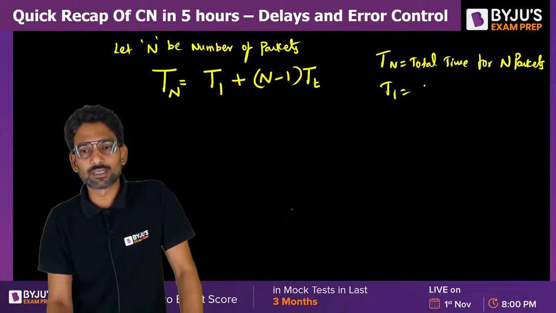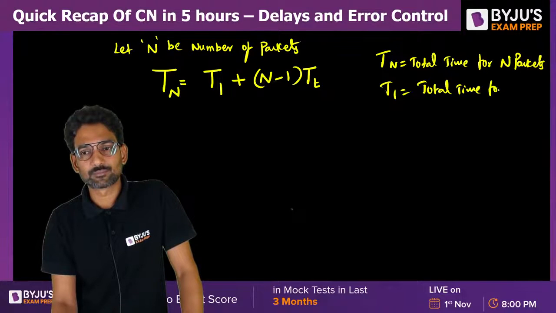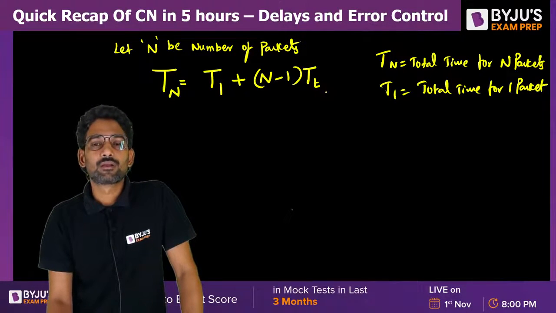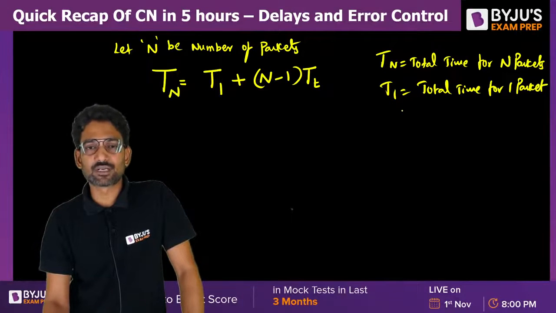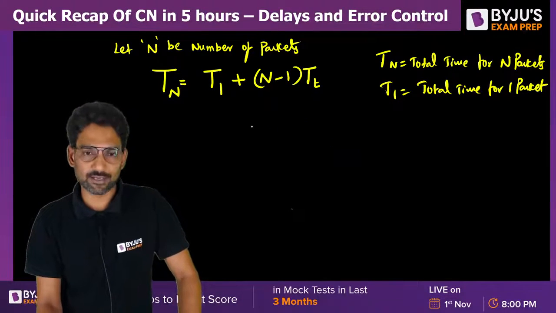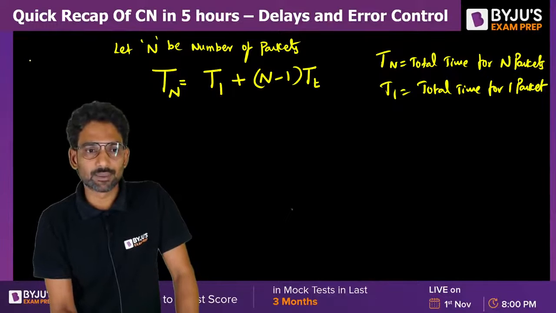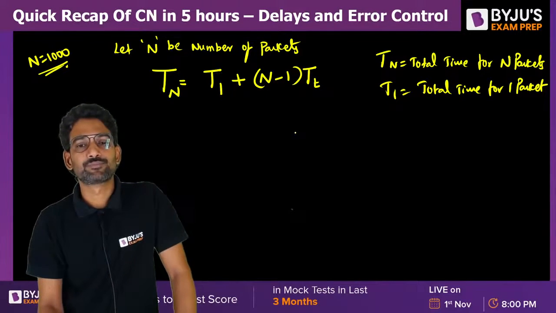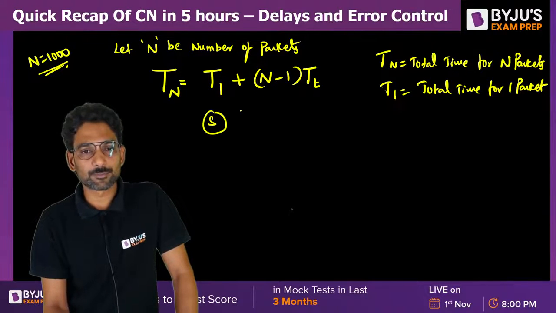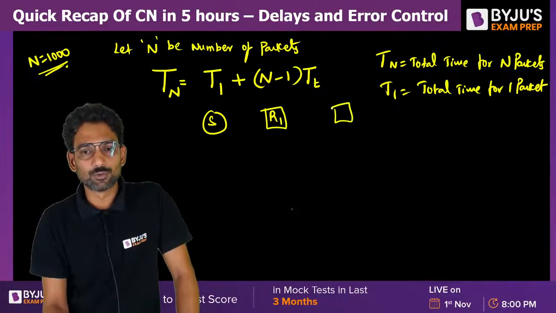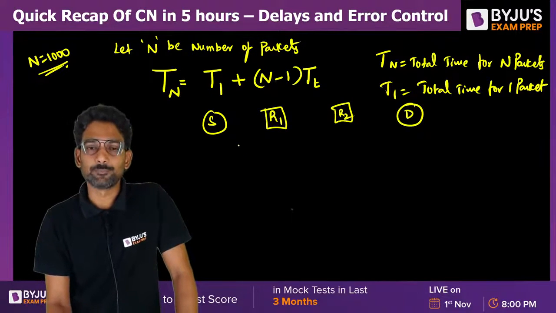T1 is the total time for one packet, and Tt is the transmission time of n-1 packets. Here in our question, n is 1000, the number of packets. Now we have the source, in between router 1, router 2, and the destination.